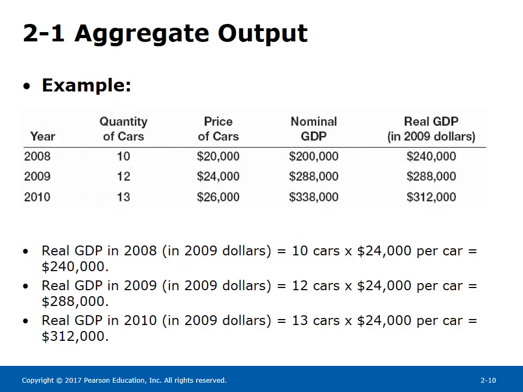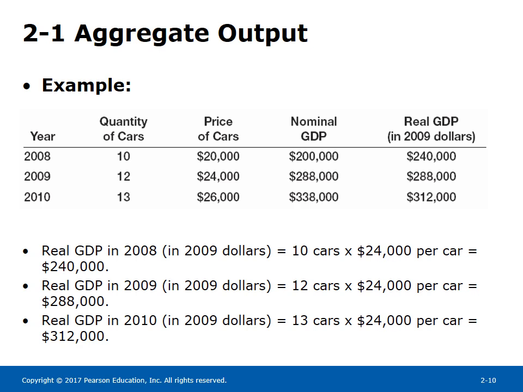Aggregate output. The example above shows how nominal GDP and real GDP are calculated. Nominal GDP for 2008 in 2008 dollars equals 10 cars times $20,000 per car equals $200,000. Nominal GDP for 2009 in 2009 dollars equals 12 cars times $24,000 per car equals $288,000.